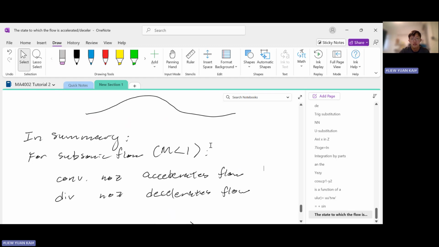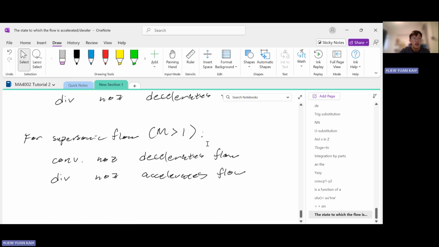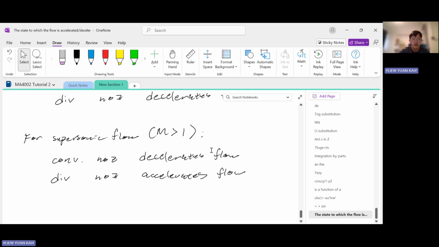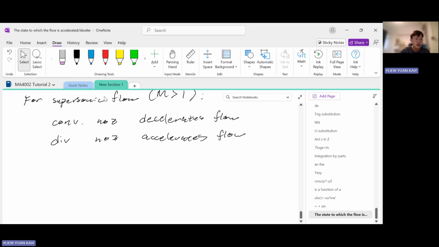However, supersonic flow is counterintuitive. A converging nozzle decelerates the flow, and a diverging nozzle accelerates the flow.